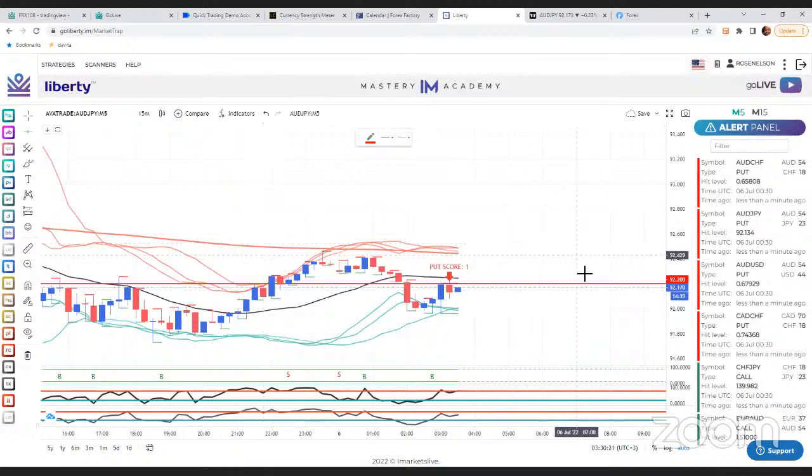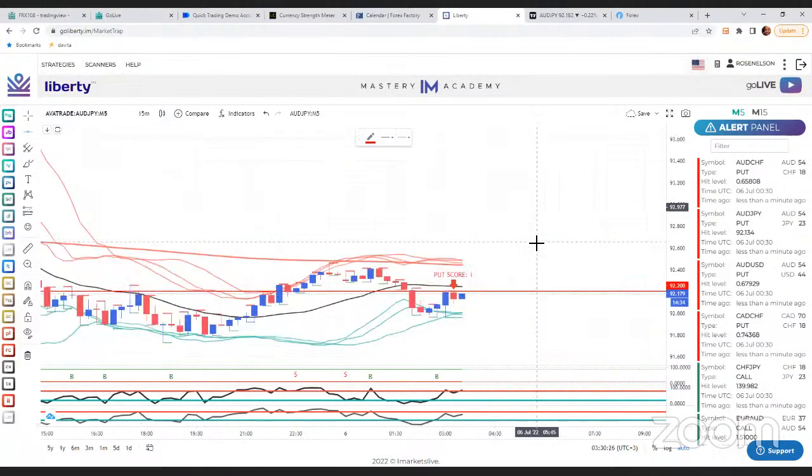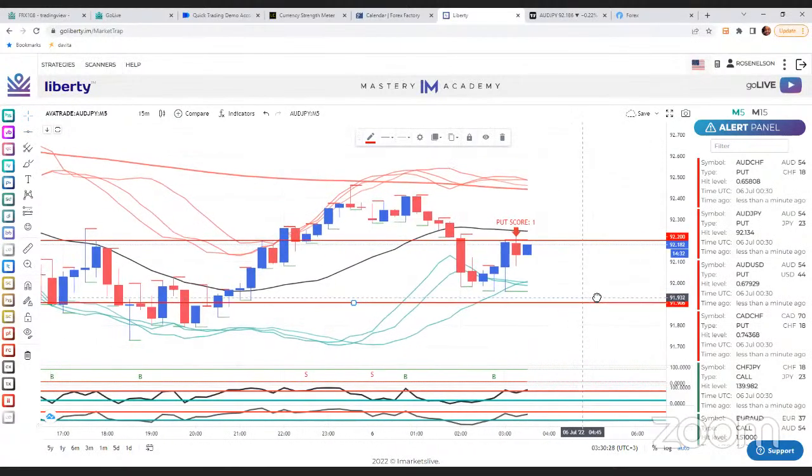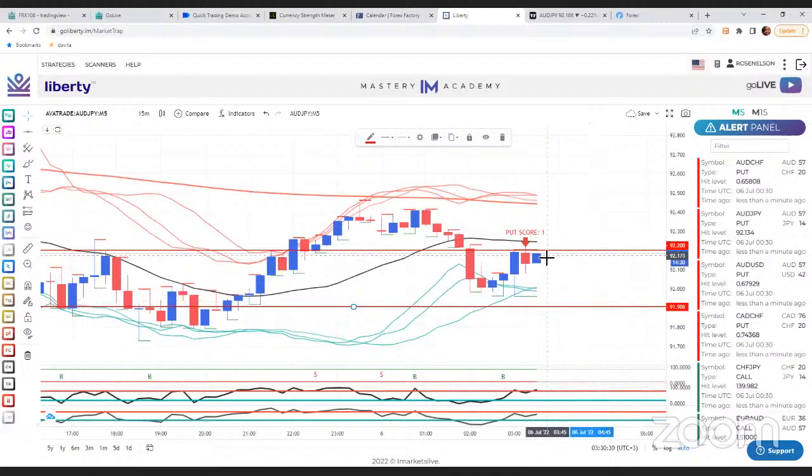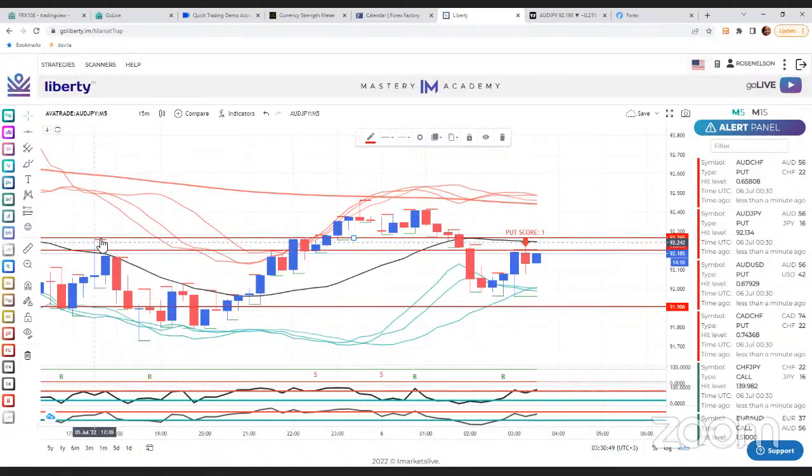My mouse is misbehaving. Okay, let's see. So I'm seeing there's a line here, a green one here, and a red one here. So I'm going by price action pretty much. So I'm seeing this area here. Hold on. This area here, there are a lot of lines coming through.